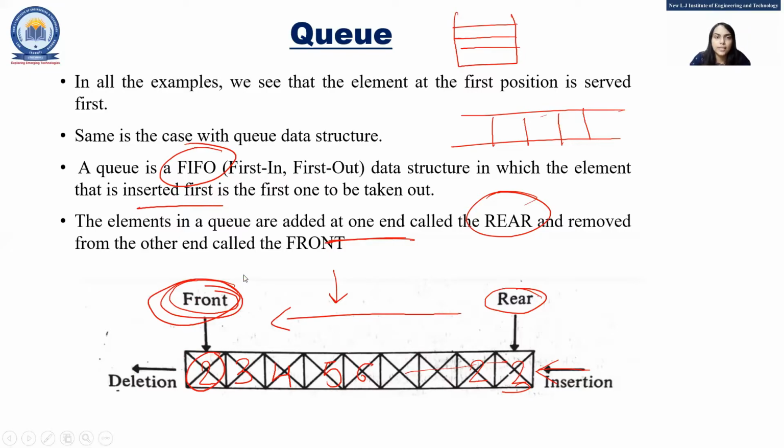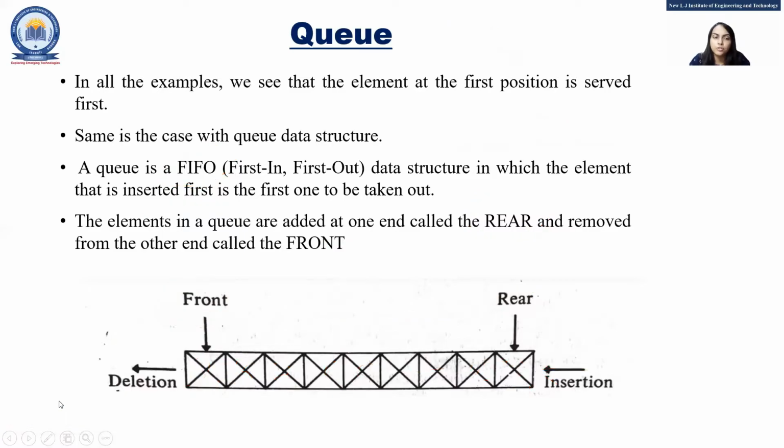So this is the basic queue data structure, and in order to implement a queue, we require two variables or two pointers, which are rear and front. You should understand rear is for insertion and front is for deletion, right?